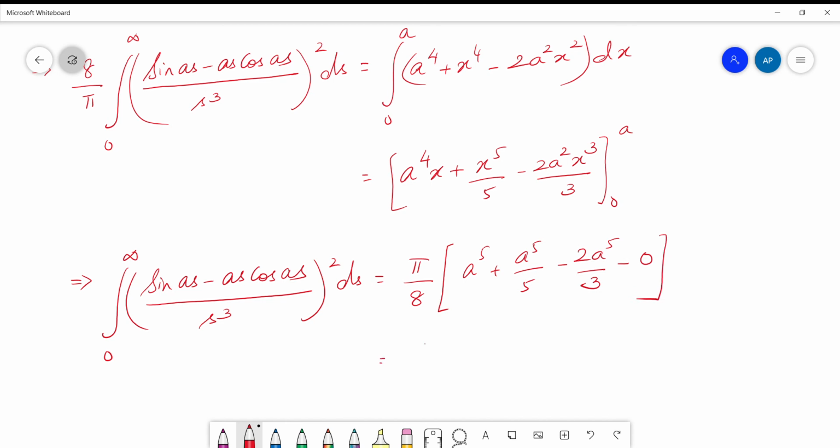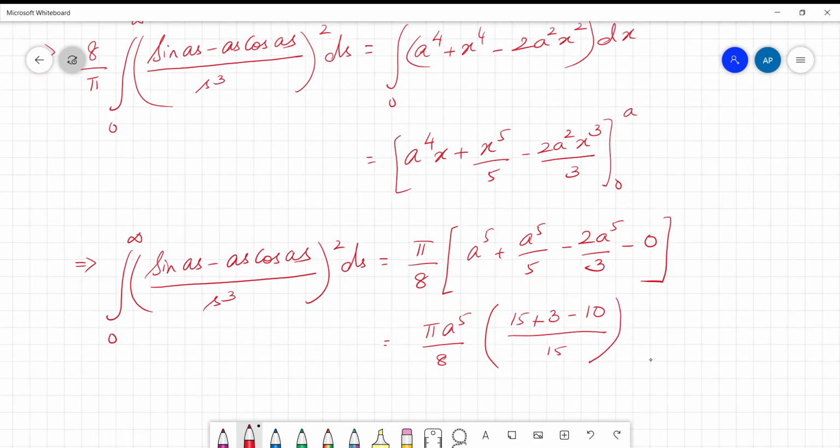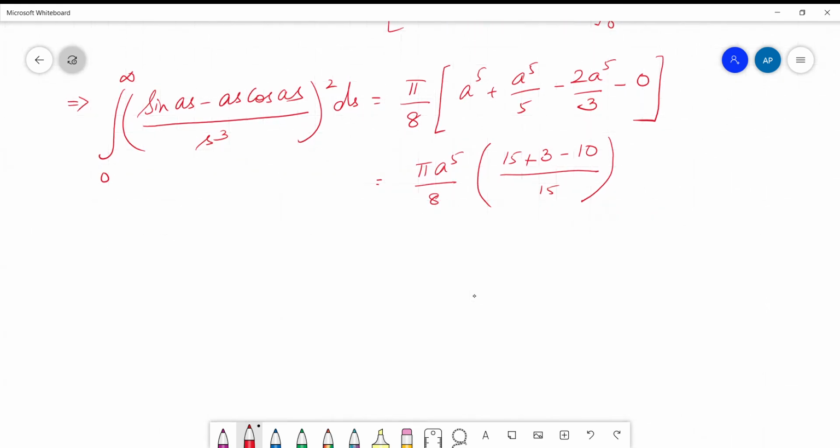I simplify it. I take out a power 5 common. And this is again going to be 15 plus 3 minus 10, here it gives you 10, divided by 15. So it's 8 over 15, correct? So it's 8 and 8 getting cancelled. And this is pi a power 5 by 8 into 8 by 15.